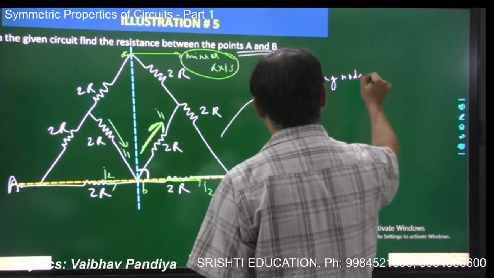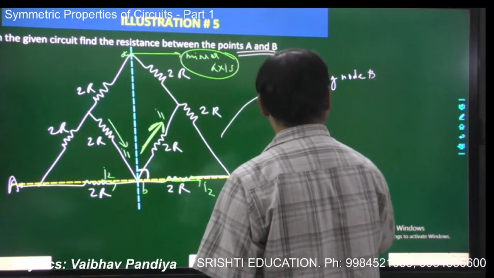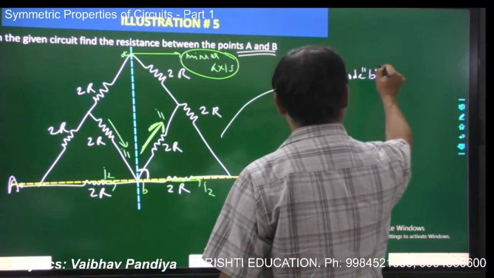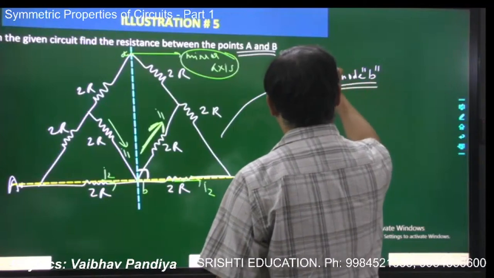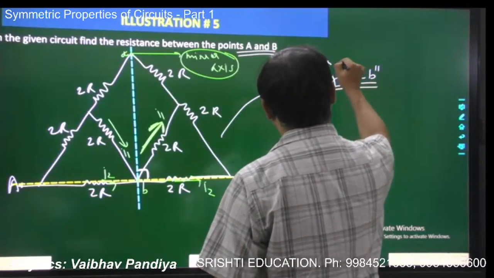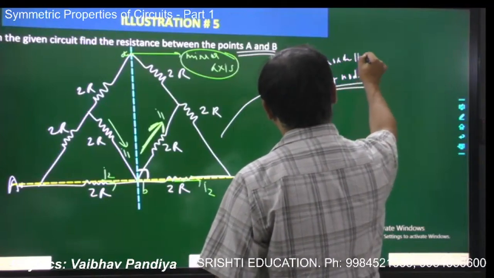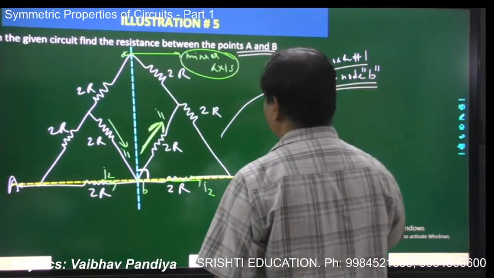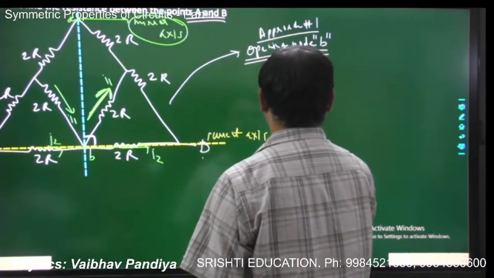Opening node B, small b node, we are getting it opened. That is approach 1. So I will have the equivalent circuit.